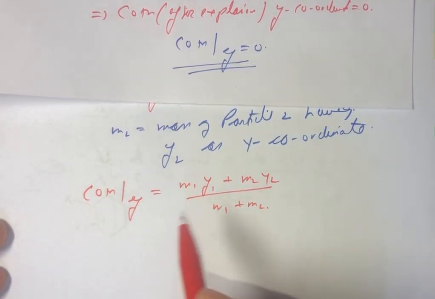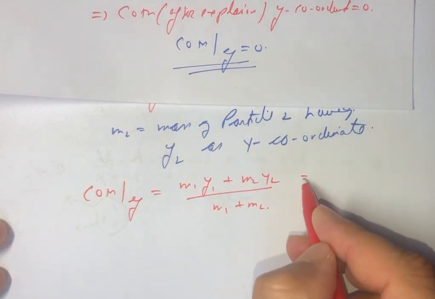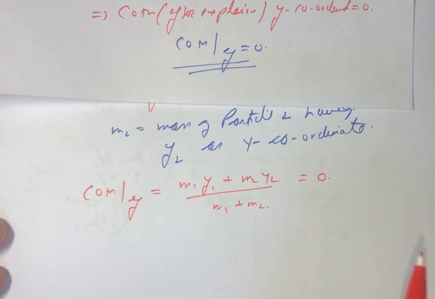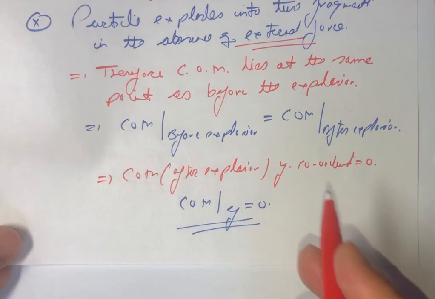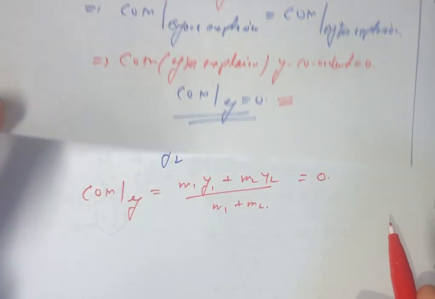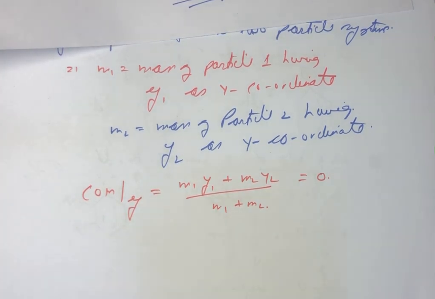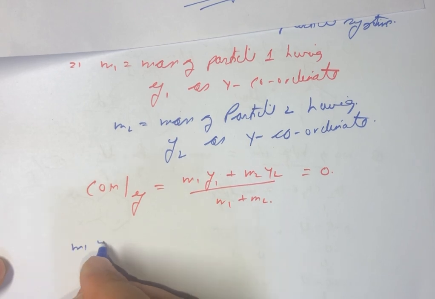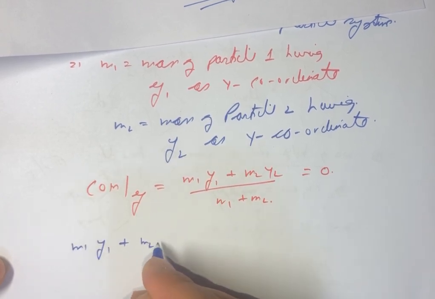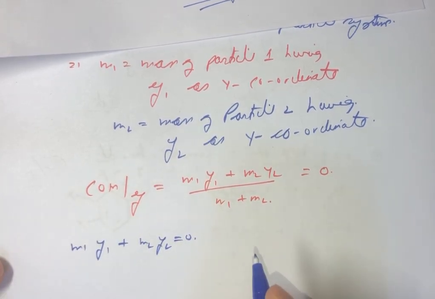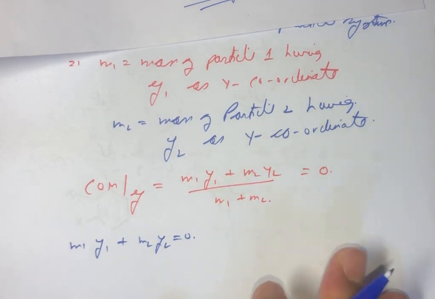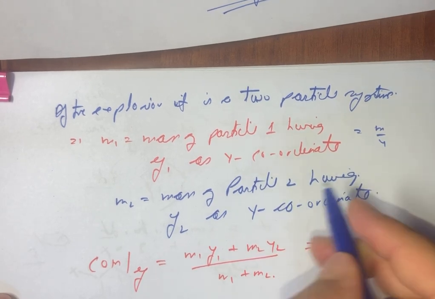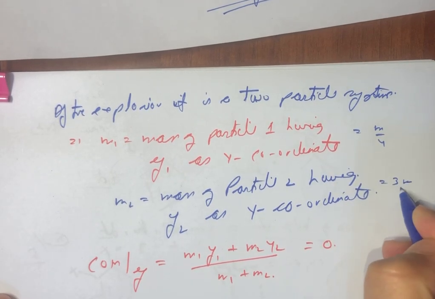But the center of mass in y direction is equal to 0, because here we already proved it. Therefore, we can write m1 y1 plus m2 y2 is equal to 0. Substitute the value. m1 let us suppose is m by 4 and m2 is 3m by 4.